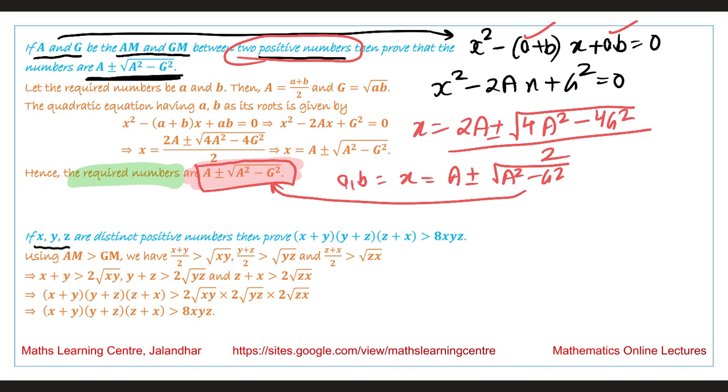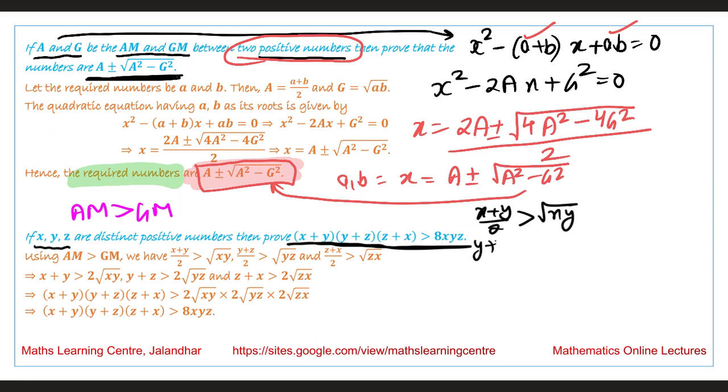Next we have: if x, y, z are distinct positive numbers, we have to prove that (x plus y) into (y plus z) into (z plus x) is greater than 8xyz. Now we know that the arithmetic mean is always greater than the geometric mean. So if we apply this result to these three numbers pairwise, the first result is that (x plus y) by 2 is greater than the square root of xy.